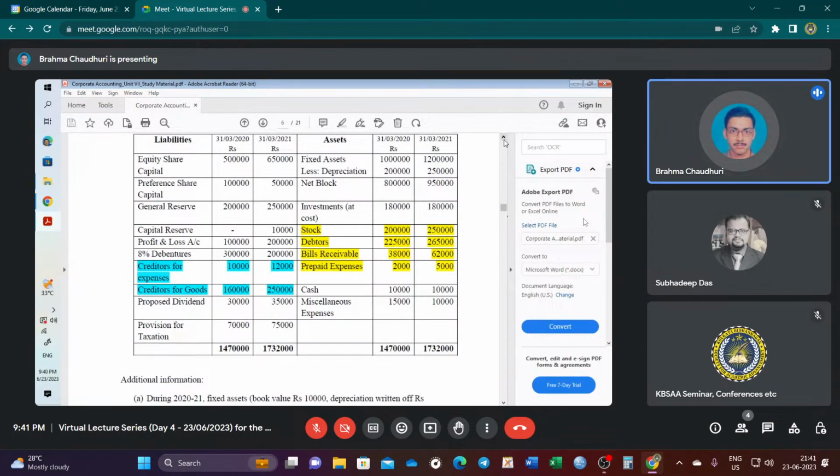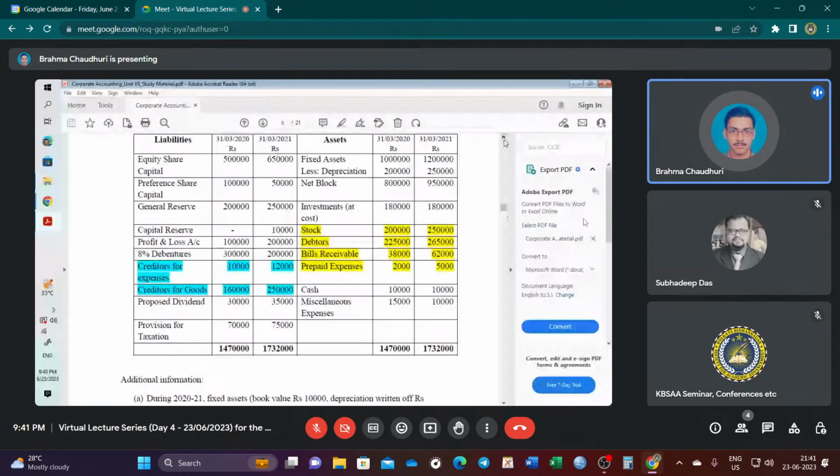And equity share capital has increased by 1,50,000. So in this case, the issue of equity shares is 1,50,000, whereas redemption of preference share capital is only 50,000. That means for 50,000 redemption, there was an issue of 50,000 of equity share capital. But there was also a redemption of debenture for 1 lakh, from 3 lakh to 2 lakh.